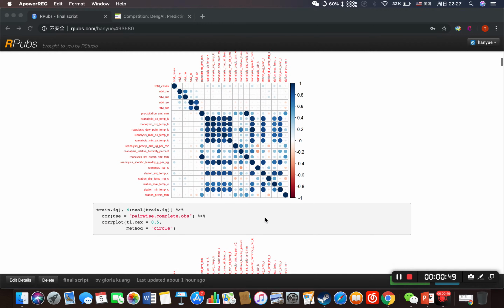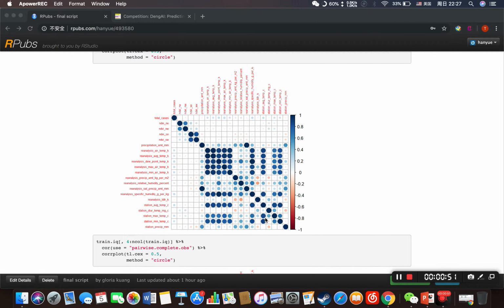So I'm going to choose three variables from temperature, humidity, and precipitation, based on the consideration of collinearity and the correlation between the total cases and each of these variables. So my choices are the reanalysis of specific humidity index, the reanalysis of precipitation amount, and the reanalysis of dew point temperature.